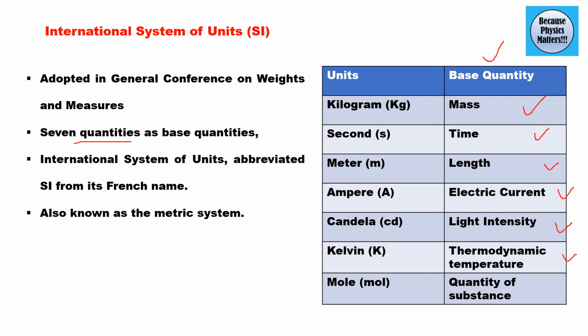So the unit of mass was defined as kilogram. For time it was taken as second, for length meter, for electric current ampere, for light intensity candela, for thermodynamic temperature it is Kelvin, and for quantity of substance it is mole. So these are the 7 quantities which are accepted as the base quantities according to the SI system of units.